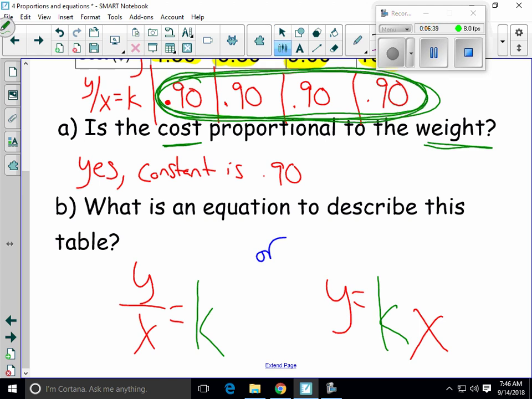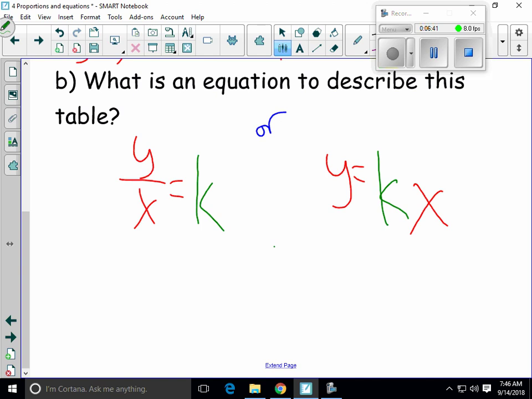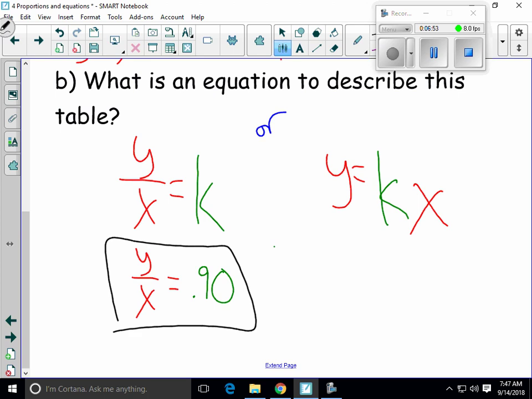So we're going to substitute 0.90 for the constant. On the left, you can say that y divided by x, every time we did the y divided by the x, we always got 0.90. That's one possible equation. That's perfect. On the right, again, instead of the letter k, we're going to put that number that we found. So y equals 0.90, and then I'm going to bring down the x.